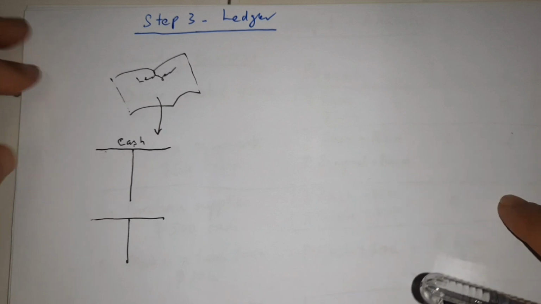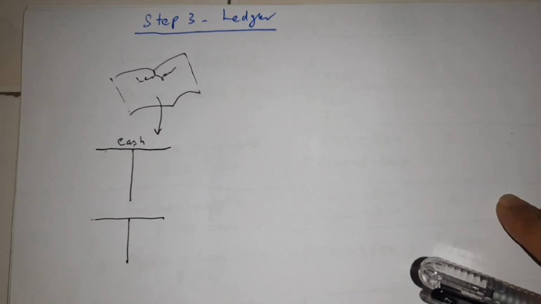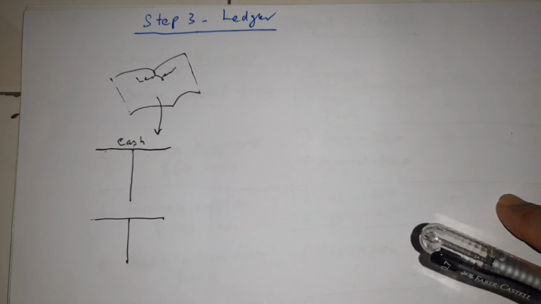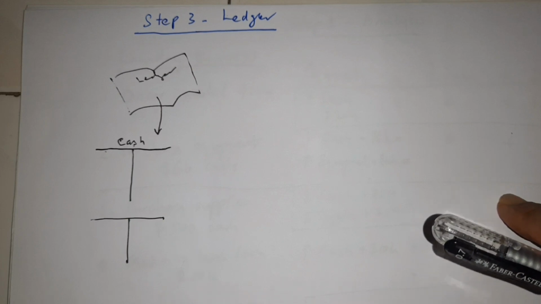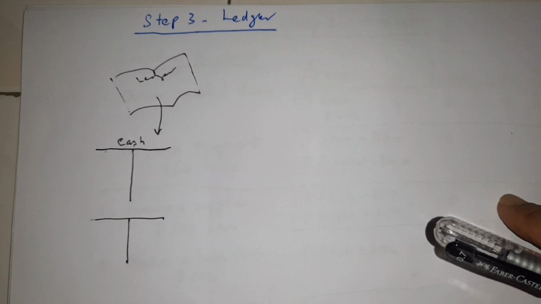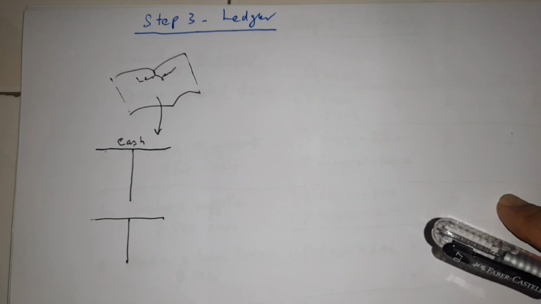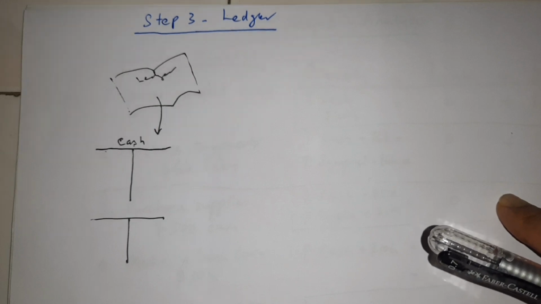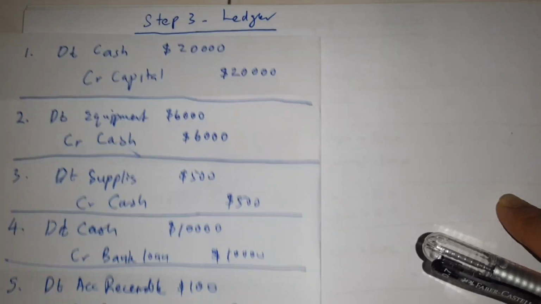Okay, now let's see how to prepare the ledger. Like I told you earlier, when you do step 2, you refer to step 1. When you do step 3, you have to refer to step 2 of the accounting cycle. So this is the step 2 that we have done before.